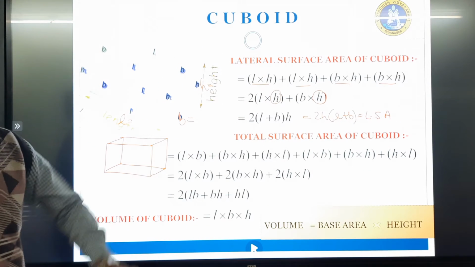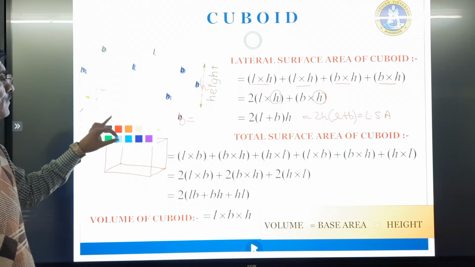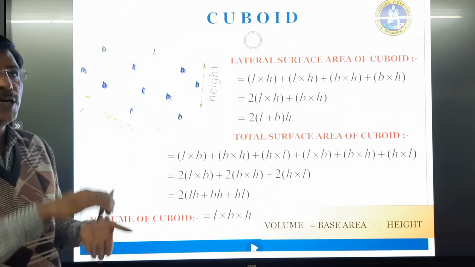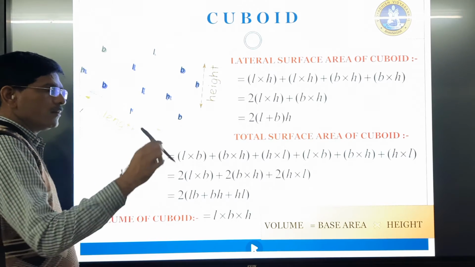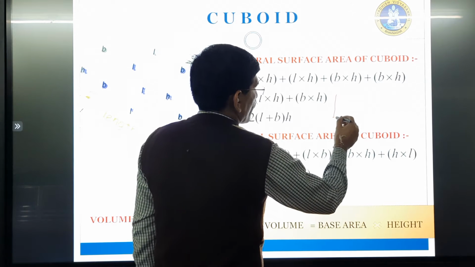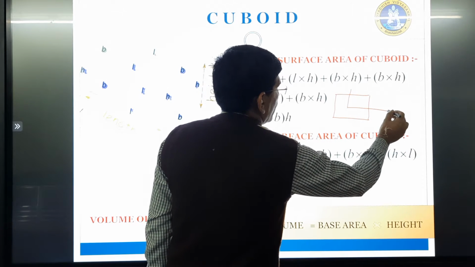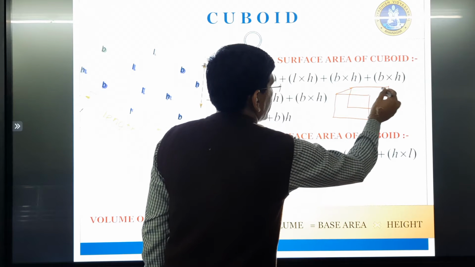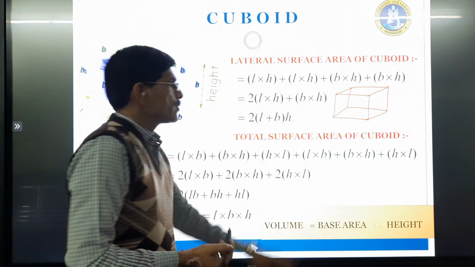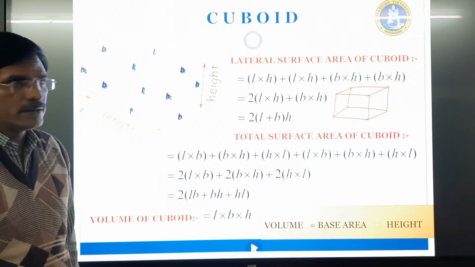Now total surface area of a cuboid. Here top and bottom are also included. If we draw a rectangle, two rectangles joined, we can say it is a cuboid. Six faces are there, so all should be included.